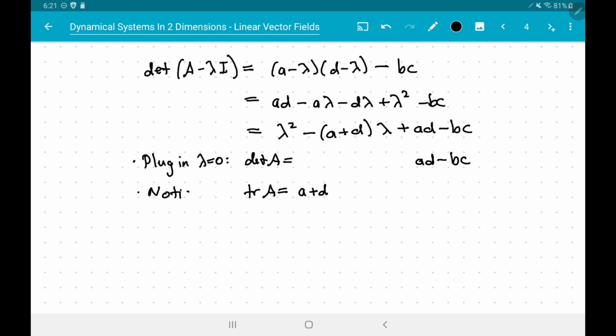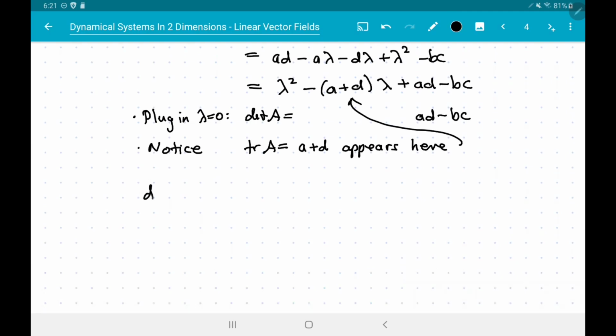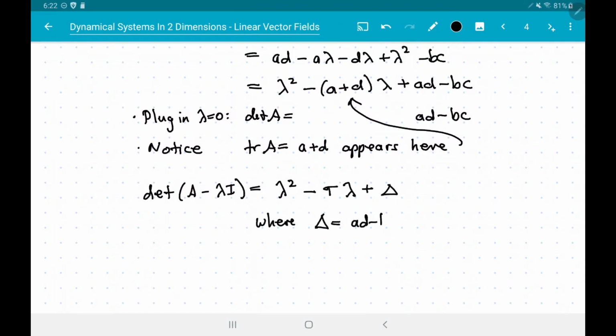So notice trace of A appears here. So determinant of A minus lambda I actually has the form lambda squared minus tau lambda plus big delta, where big delta is AD minus BC and tau is A plus D, and this is the determinant of A and tau is the trace of A.